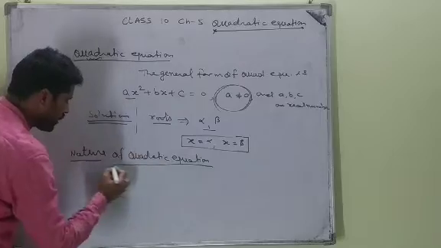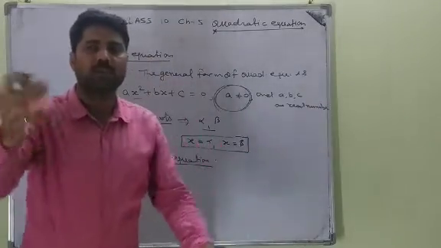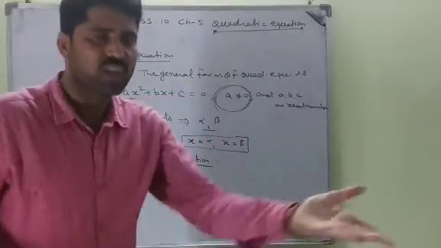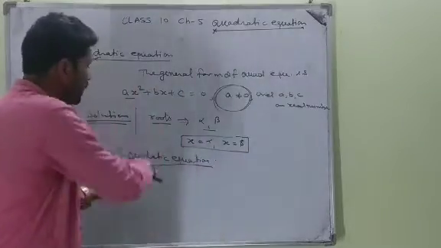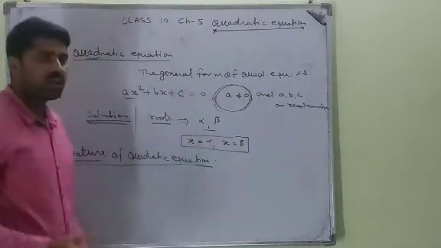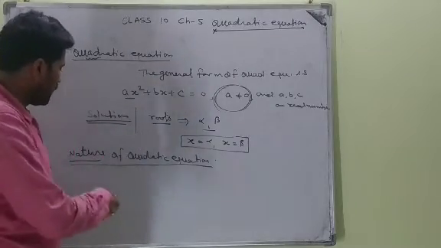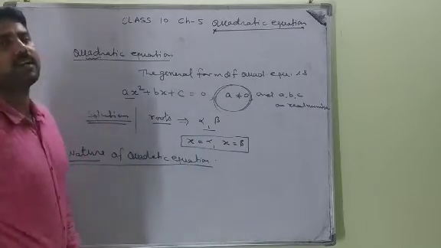What is the meaning of nature? My nature, your nature. With the help of nature, you can get some idea about the personality of a person, what type of person that is. The same way applies here. Nature of the quadratic equation means there are different types of nature.